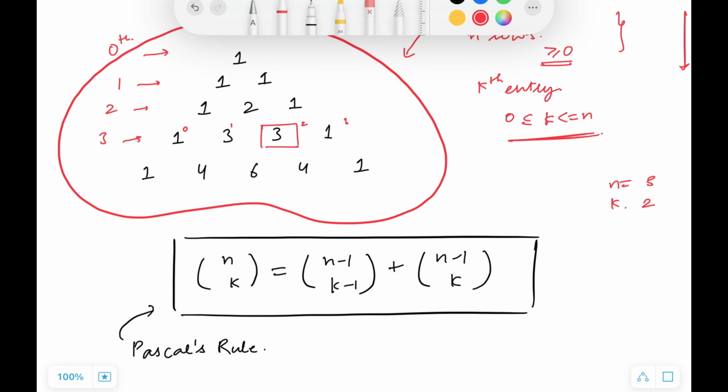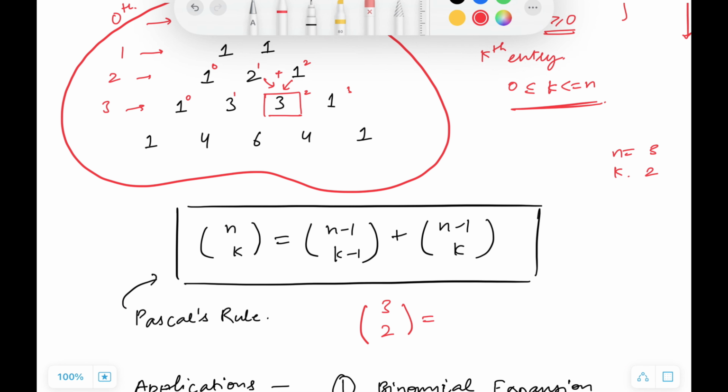So it is (3, 2): third row and second entry. What is this value? It is the sum of the previous two elements, definitely coming from 3 plus 3, from the second row, with entries 1 and 2.